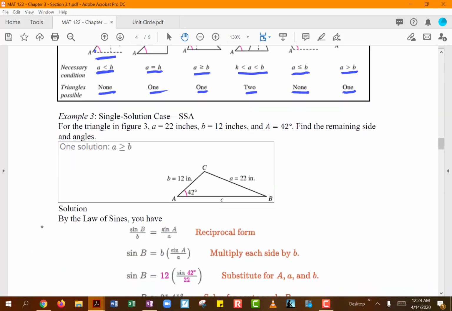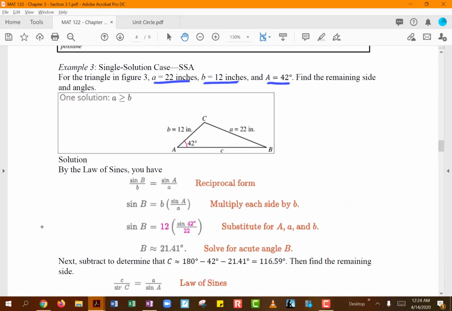Okay, so here we're looking at the single case solution where you are given two sides. So we are given side A, we are given side B, and we're given an angle opposite to side A. So that's angle A, which is given to us. So again, obviously we're finding the remaining side and the angle.